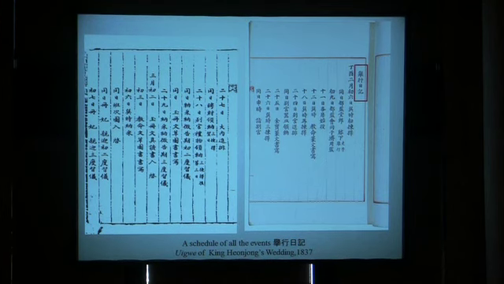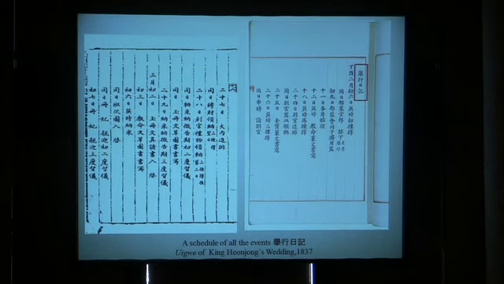So it's really interesting. It shows in February 6th, the first round of selection of the bride took place. And then the second round took place in 2 weeks. And then finally the third round in another 10 days.